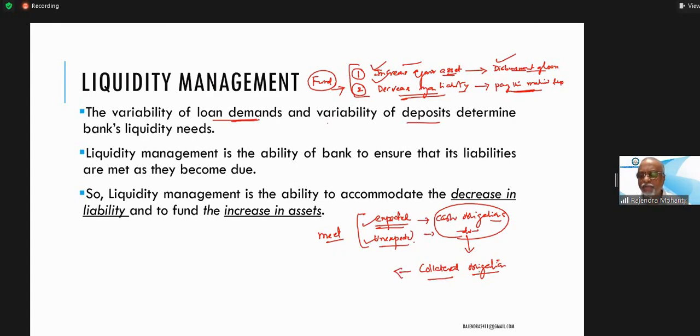So what do you mean by collateral obligation of the bank? Can anybody tell me? Cash obligation you understood: expected withdrawal or expected disbursement of loan. Unexpected means premature payment or sudden loan disbursement request. So what is collateral obligation of a bank? Immovable property.